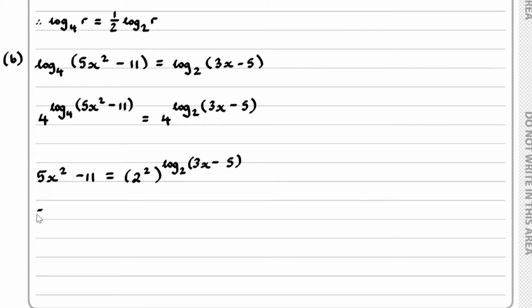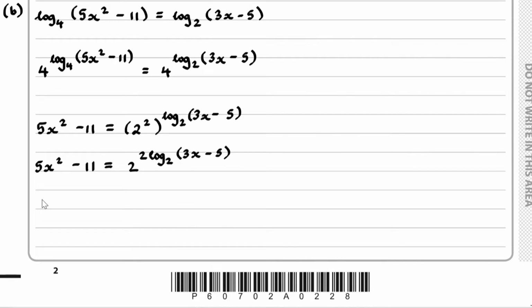So we have 5x squared minus 11 equals 2 to the power of 2 times log base 2 of 3x minus 5, and therefore if we use the power law, 2 to the power of 2 log base 2 of 3x minus 5 is the same as 2 to the log base 2 of 3x minus 5 squared.